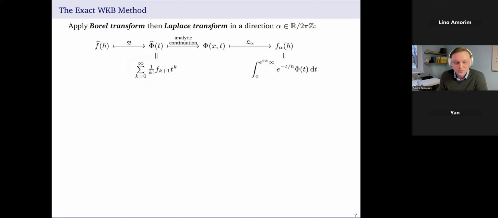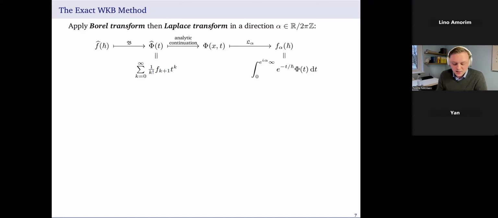You literally just take the formal power series f hat, and every coefficient you divide by k factorial. And there's some shift happening. So it's an incredibly simple operation. Right. So now I have a different power series. I had a power series in h bar. I've converted it into a power series in t, some auxiliary variable t, sometimes called the Borel variable.